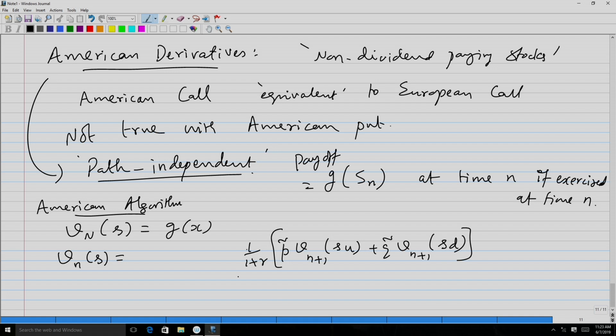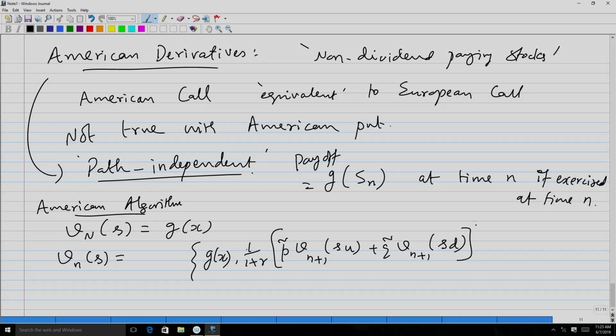But now, as we explained, this particular quantity is required if it is not exercised at time n and if it is to be hedged for the future. So, this is the amount that is required, given that V n plus 1 is given by this expression. But now you have the additional feature that this can be exercised at time n. Now, if exercised, then how much do you need?